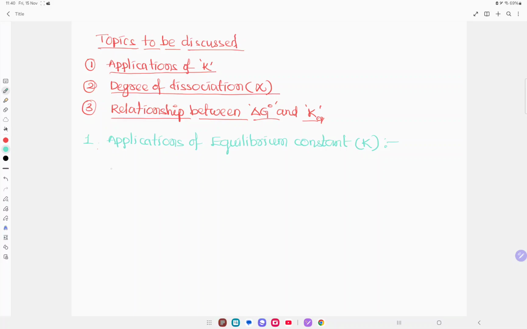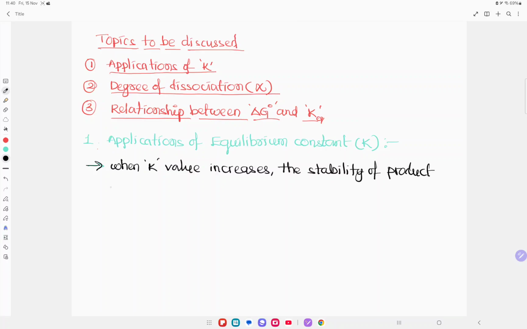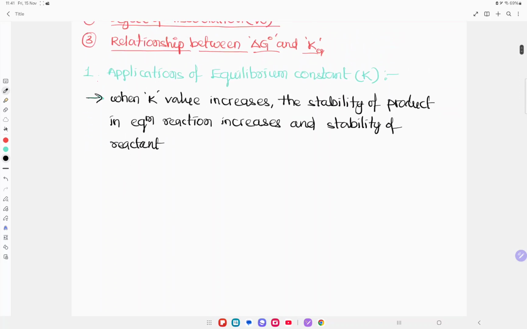When equilibrium constant K value increases, the stability of product in equilibrium reaction increases, and stability of reactant decreases.